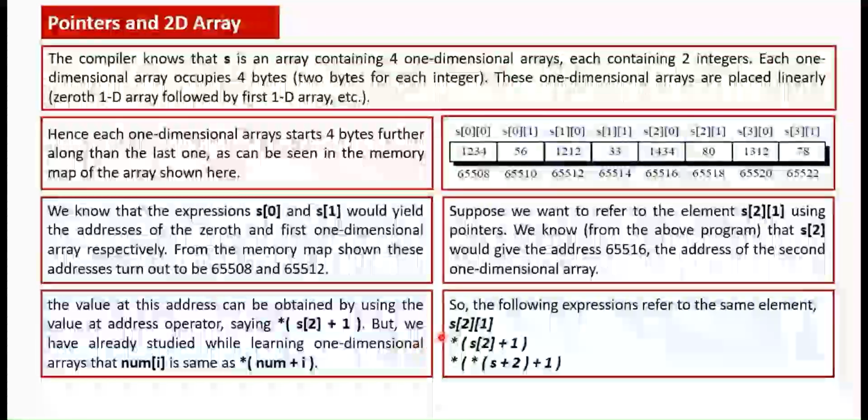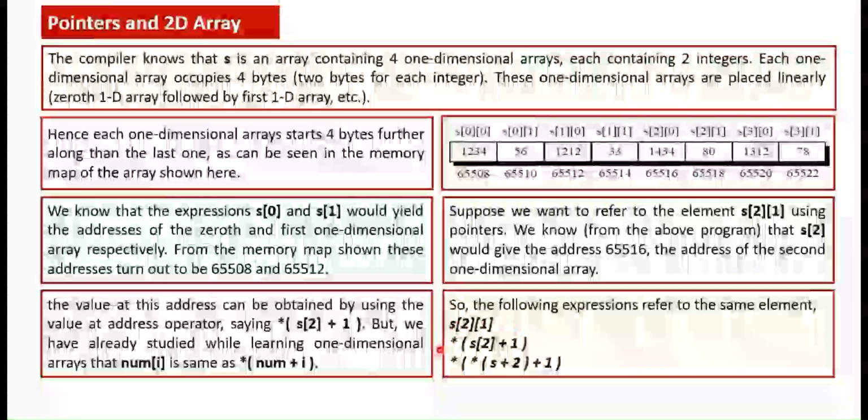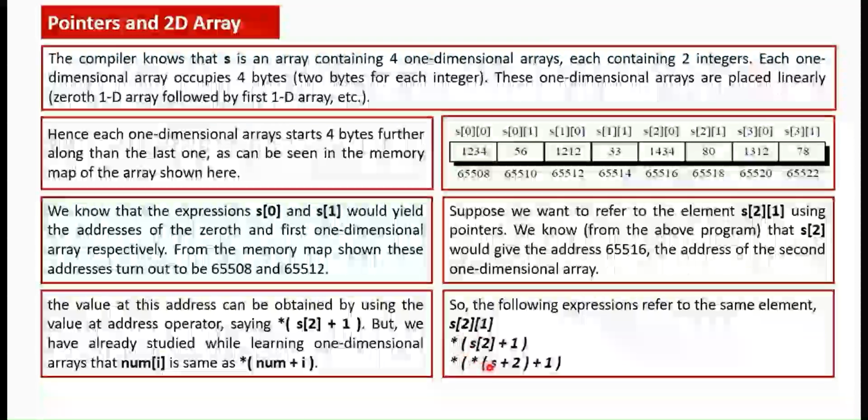So the following expressions refer to the same element. Let's say S[2][1]. S[2] means this address, that is 1434, and S[2][1] will be 80. Similarly, for the second expression, *(S[2] + 1), that means the value at the address held by S[2]. S[2] is 65516, so 65516 plus 1 means the next address, 65518.